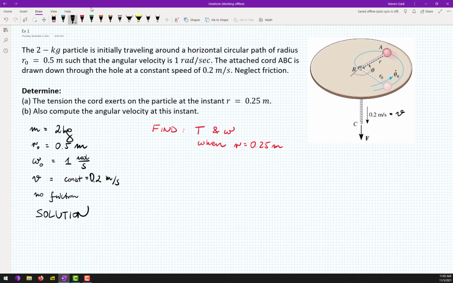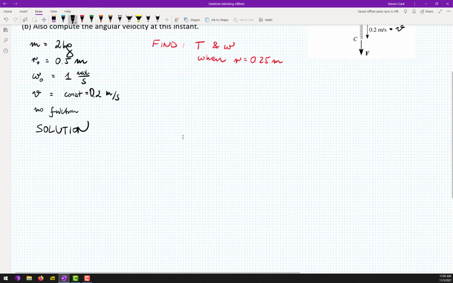Since they ask us for tension in the cord, I would go first for a free body diagram just to see the forces acting on our body. So I would go for FBD at an arbitrary instant, and also KD, of course.